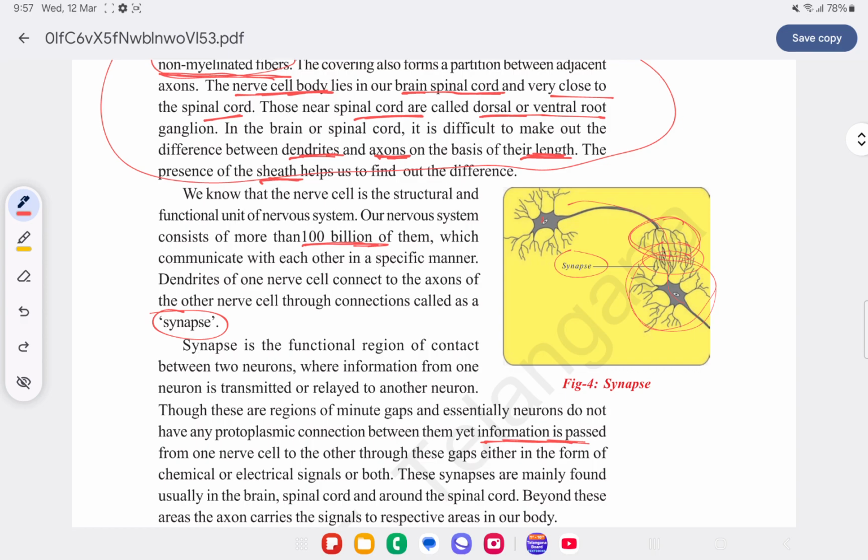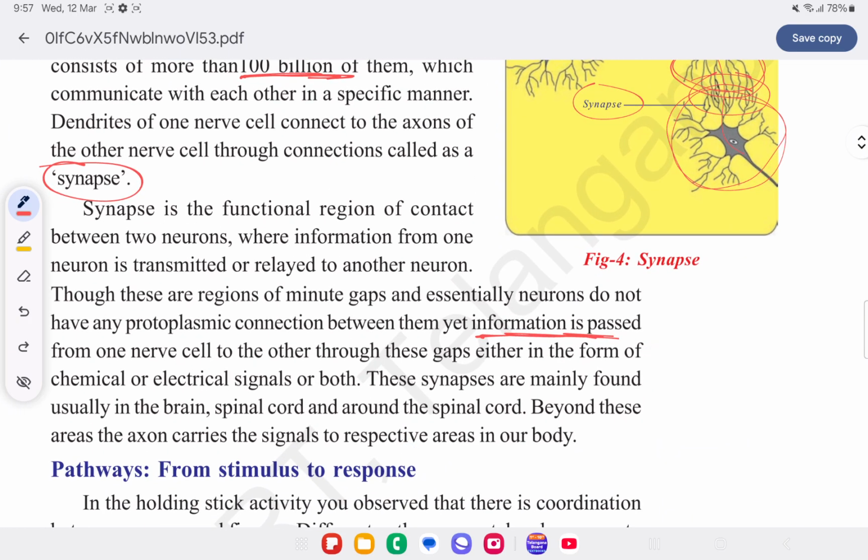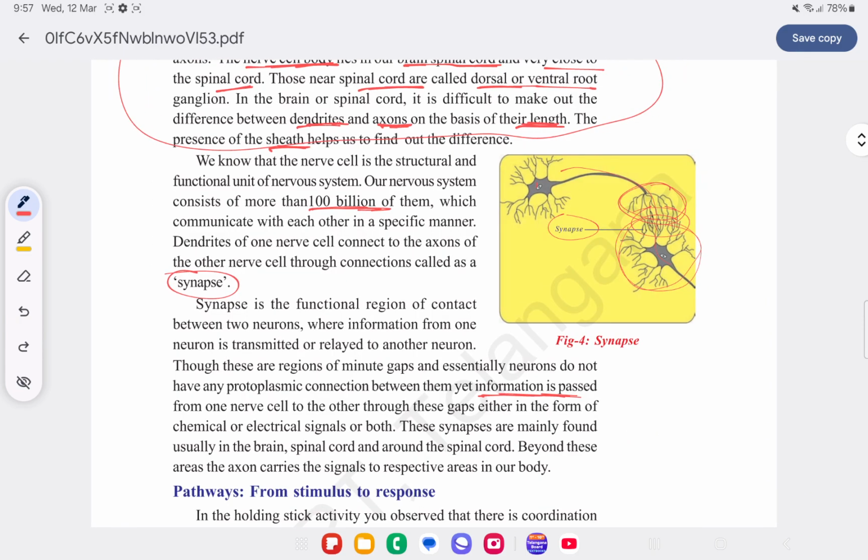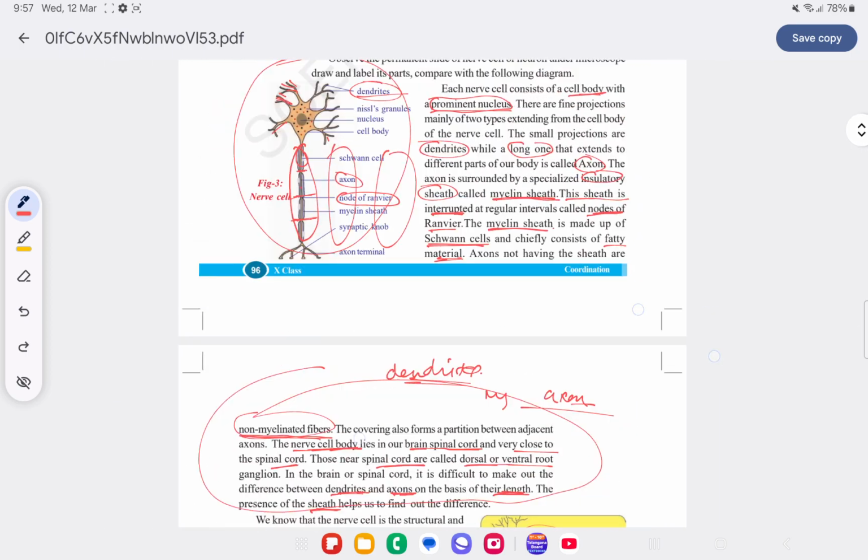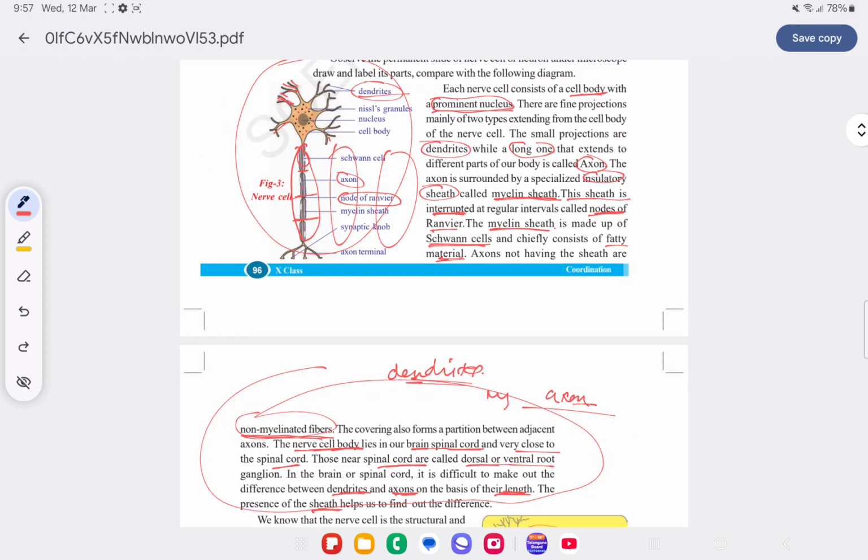That axon terminal of one nerve cell will connect to the dendrites of the next nerve cell. And the axon terminal of that nerve cell will connect to the dendrites of another nerve cell. Like this, all the billions of nerve cells are connected to each other. Understood about the nerve cell now? And their passage of information through synapses. Okay? Yeah. Yeah, we'll end up this video here now.